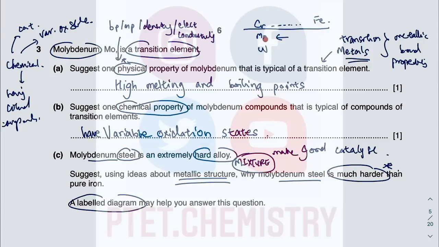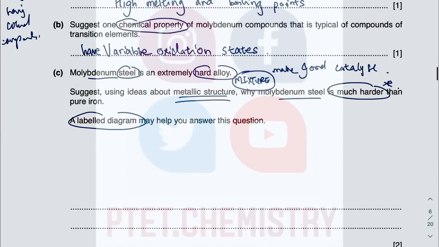Molybdenum has one extra shell than iron, which is in the first row of the transition element. Molybdenum is the second row. This has one extra filled electronic shell than iron. This is going to be bigger than this as an atom. Okay, so I can draw big molybdenum, smaller iron, big molybdenum, smaller iron.